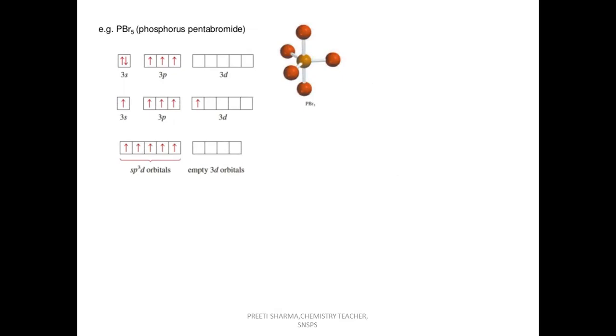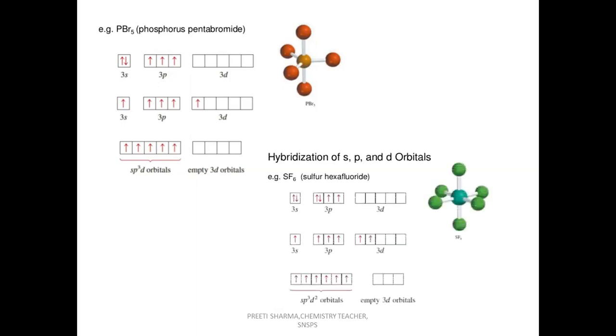Now, again the excitation occurs and one electron jumps from the s orbital to d. After jumping, I get 5 half-filled orbitals, right? So they will combine with the 5 bromine atoms and form this type of shape, and you know that this type of shape is known as trigonal bipyramid.